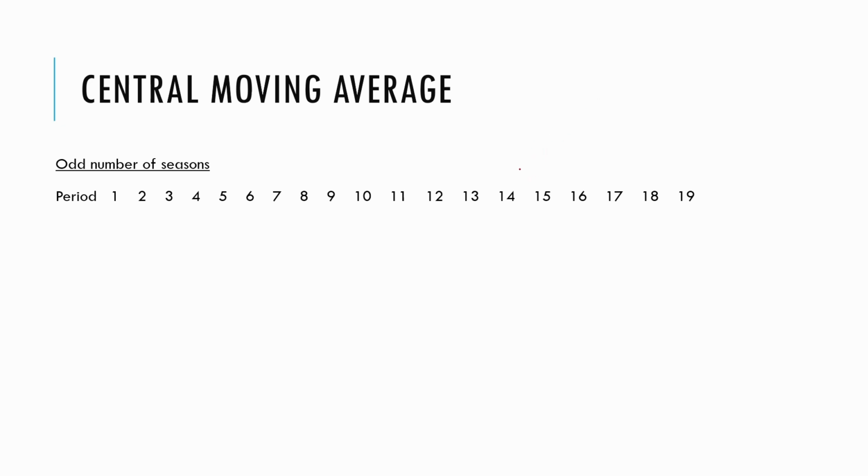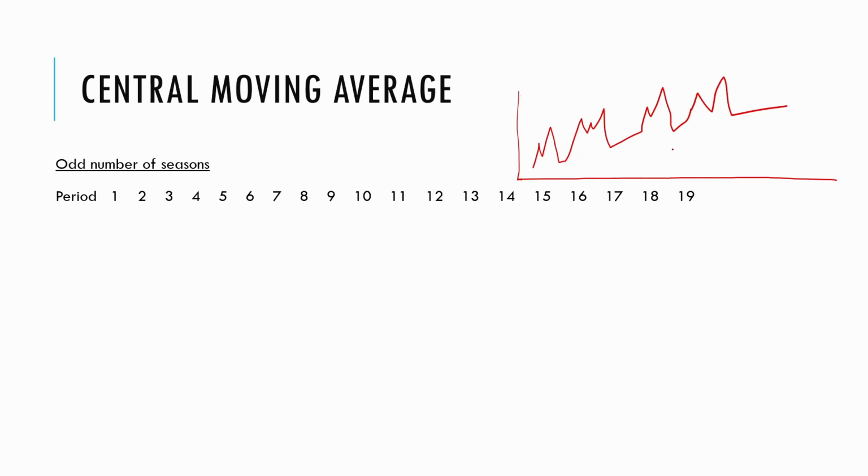Suppose you have data like this. This is your seasonal data, and it also has some kind of trend. Now how will you identify the trend? One method is that you just pick the highs here and try to fit a trend line.